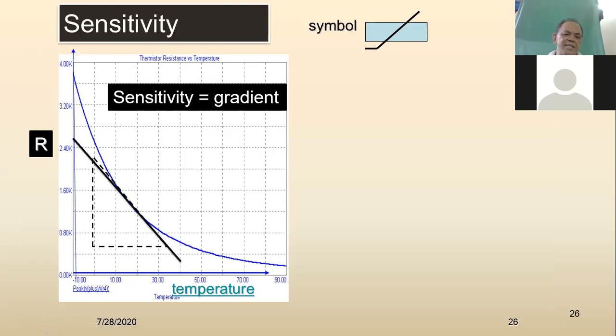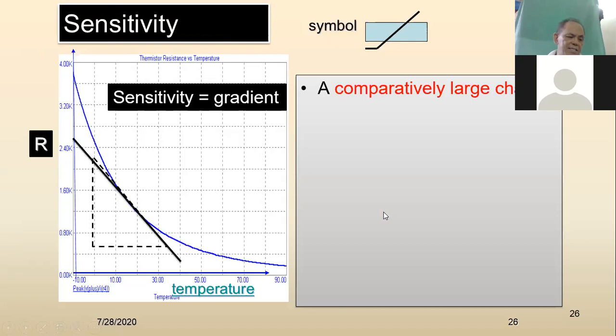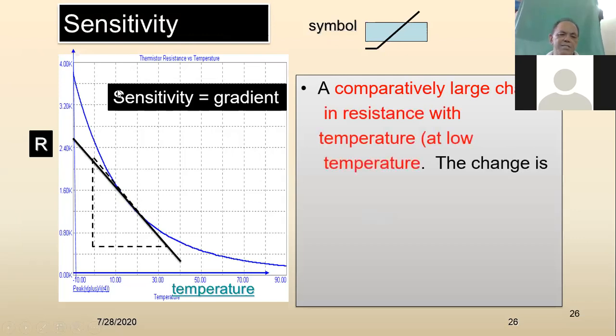Sensitivity you can get from the gradient of the tangent to the curve. There is a comparatively large change in resistance with temperature at low temperature. This is low temperature here, that's high temperature. We can see that the slope is greater here, very sensitive. And towards the end, at high temperature, about 50 to 70 degrees, the slope is very small, so the sensitivity is also very small.